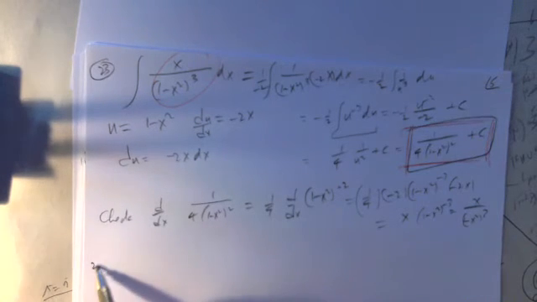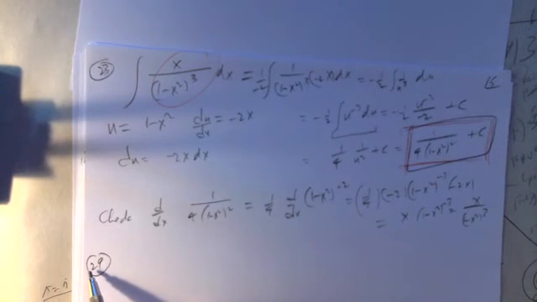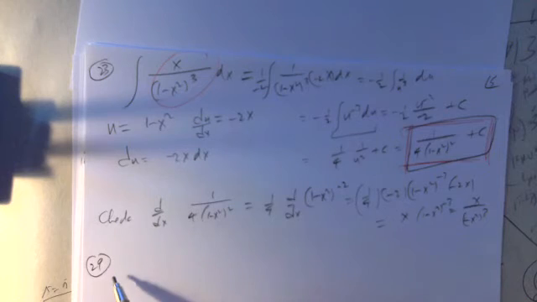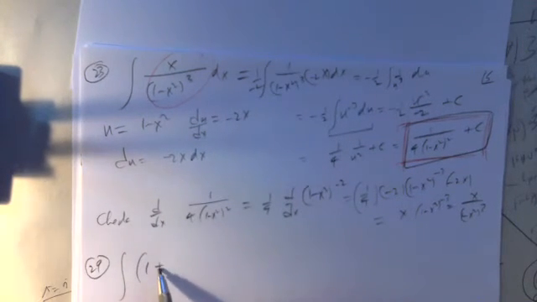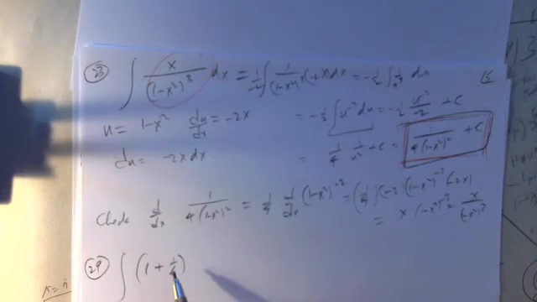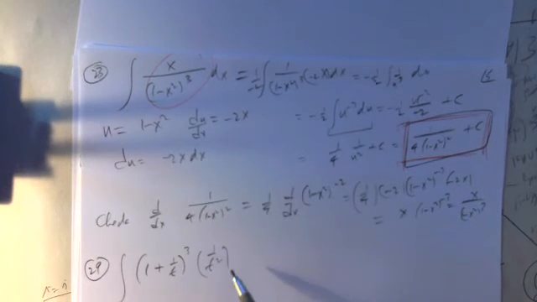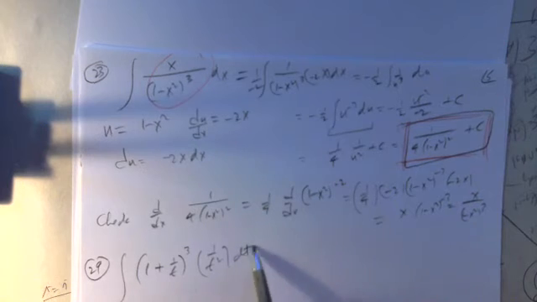Let's go to number 29. Number 29 is the integral of 1 plus 1 over t cubed times 1 over t squared dt.